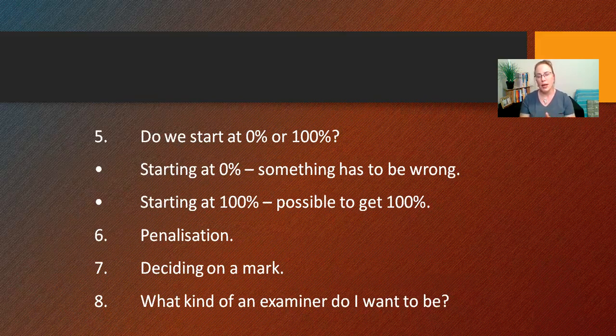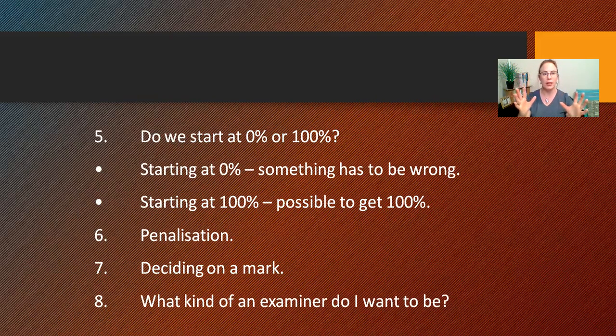Of course, the other way is to go into the exam neutral, or say, okay, you start with 100 and then from there we see what happens. Because if you do that, you say, well, it is possible to get 100% in exceptional cases. So I'm going to give you such an exceptional case.